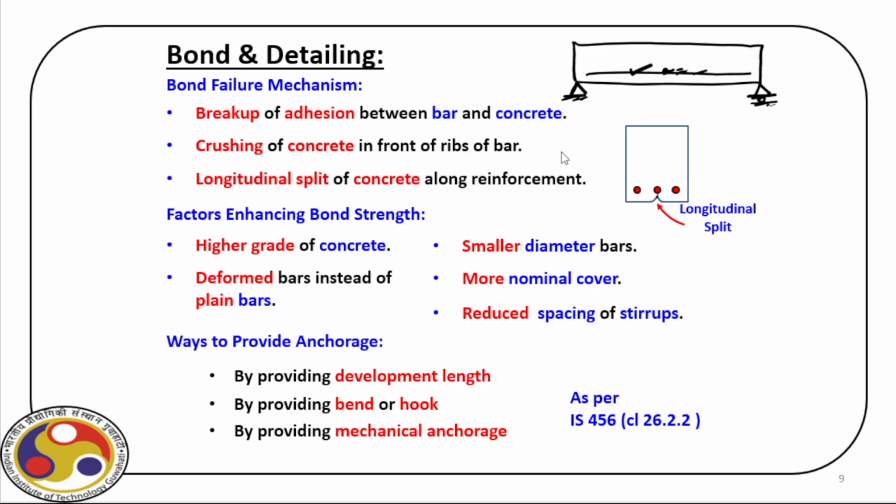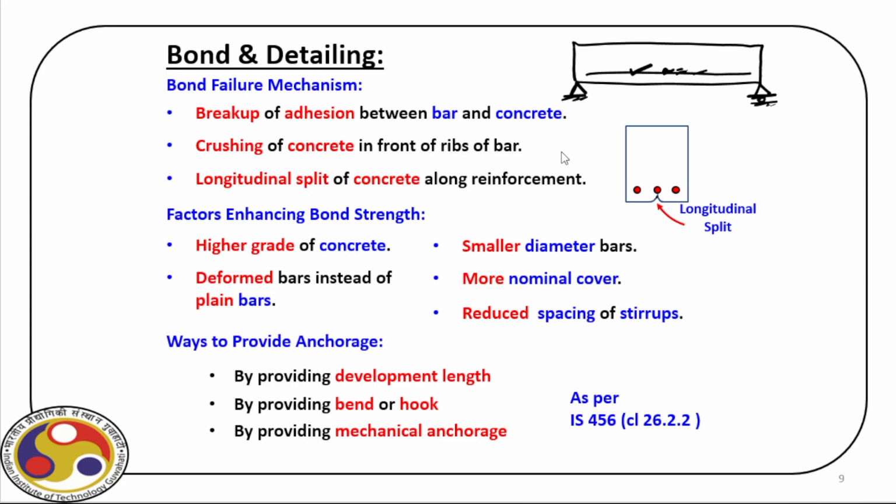Now at the same time, what are the factors that enhance bond strength? Obviously higher grade of concrete. You have seen if we use HYSD bar instead of plain bars, we get better strength. Smaller diameter bars, because for the same amount of AST they will offer more surface area, and therefore we'll get more bond. Then more nominal cover.